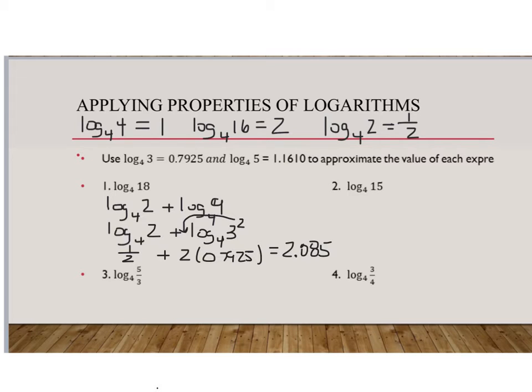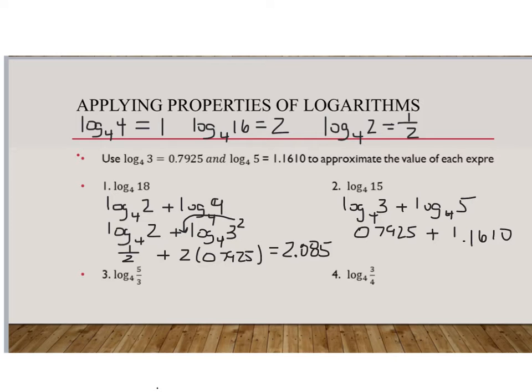Number 2, log base 4 of 15. This one's a little more straightforward. I could write this as log base 4 of 3 plus the log base 4 of 5. And I know both of these. I know the log base 4 of 3 is 0.7925, and log base 4 of 5 was given to be 1.1610.